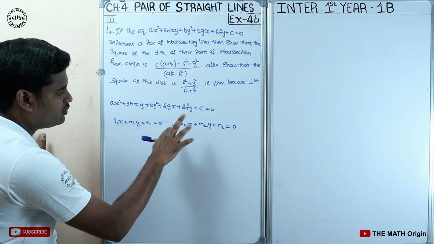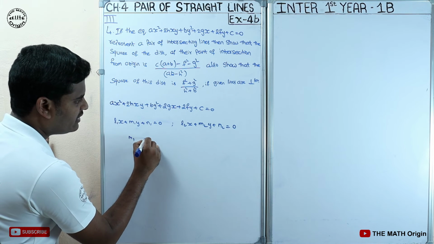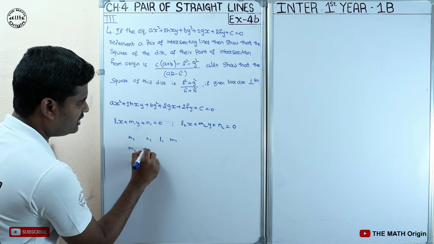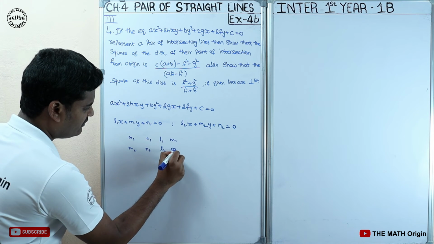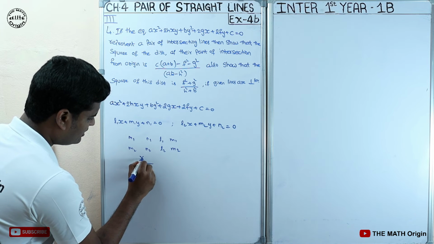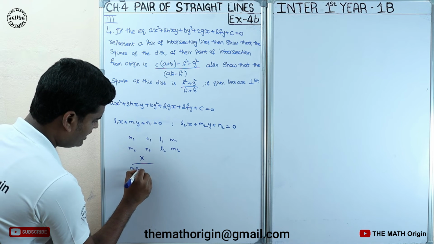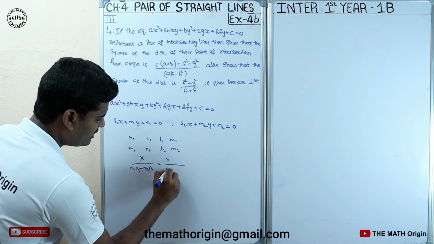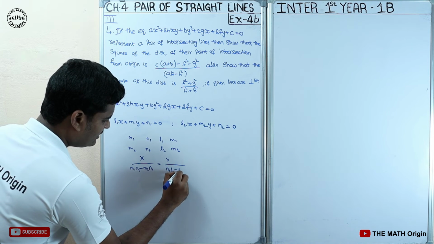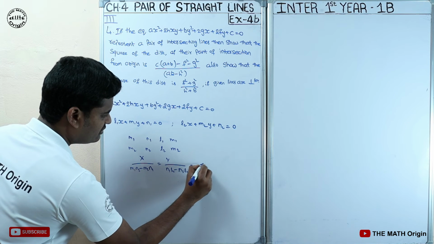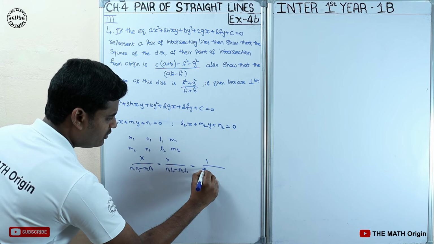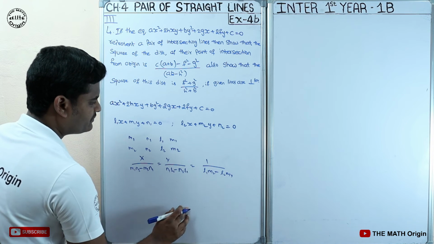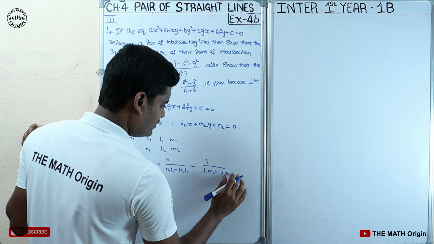For the point of intersection of the two lines, we take the x coordinate, y coordinate and constant. In the same way, for the second line, x coordinate, y coordinate and constant. So from this I will get x by m1 n2 minus m2 n1 is equals to y by n1 L2 minus n2 L1, which is equals to constant 1 by L1 M2 minus L2 M1.